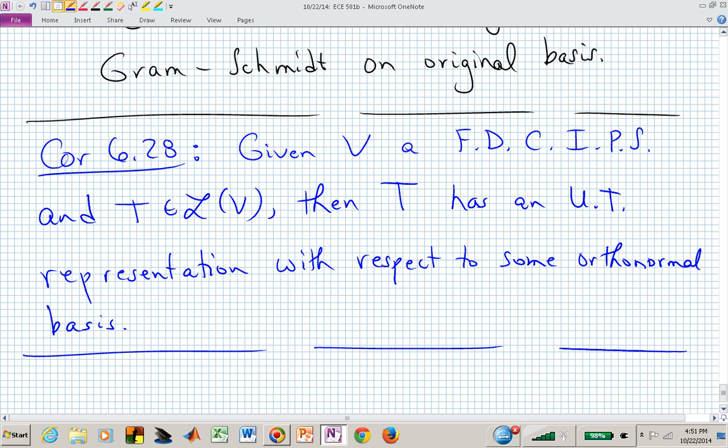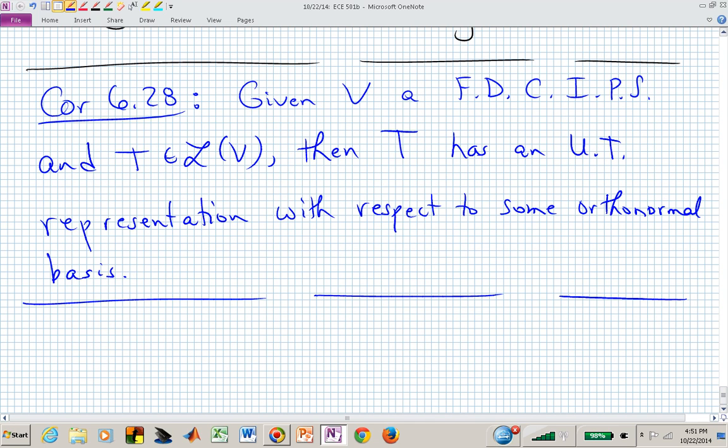And that's playing on this fact that this finite dimensional complex vector space allowed us to do this. Now we know that we can get an upper triangular matrix from a linear operator in a finite dimensional complex vector space, and once we have an upper triangular matrix, we can generate an orthonormal basis that will preserve that upper triangular structure.